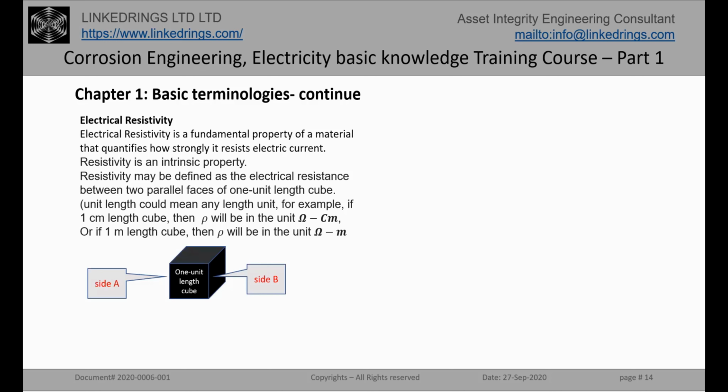So for a 1 unit length couple, the electrical resistance between side A and side B is defined as the resistivity. We say 1 unit length because it can be, for example, 1 centimeter or 1 meter. If it is 1 centimeter, then the electrical resistivity will be in ohm centimeters. If it is 1 meter, then the electrical resistivity will be in ohm meters.